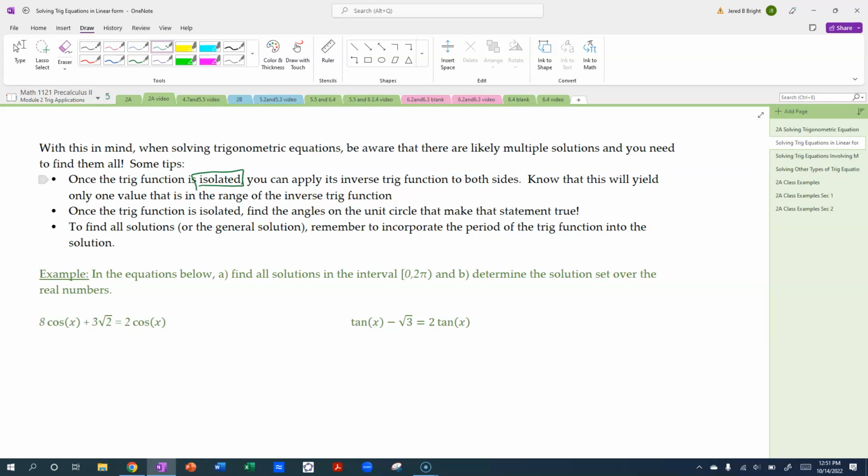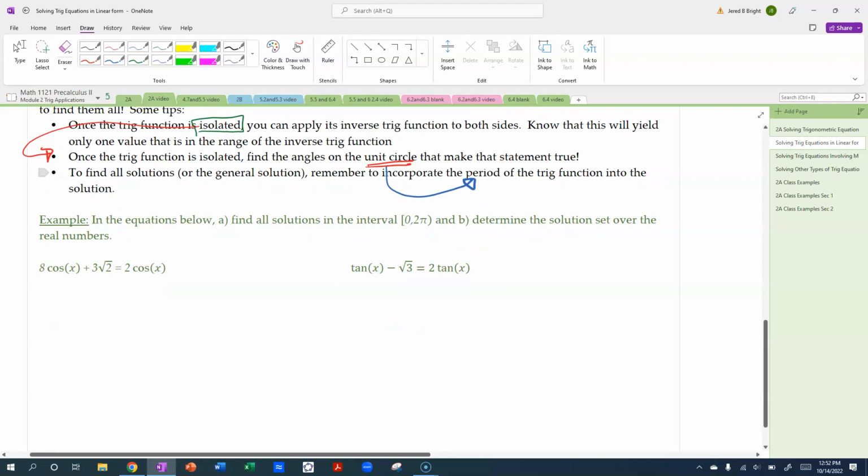So then what I recommend is actually once it's isolated, go directly into step 2, which is looking at the unit circle. Use the unit circle, find all the angles that make the statement true. And then lastly, once you do that from the unit circle, incorporate the period.